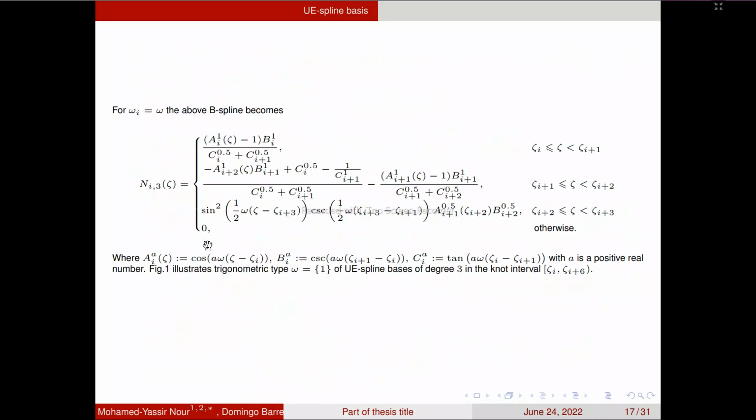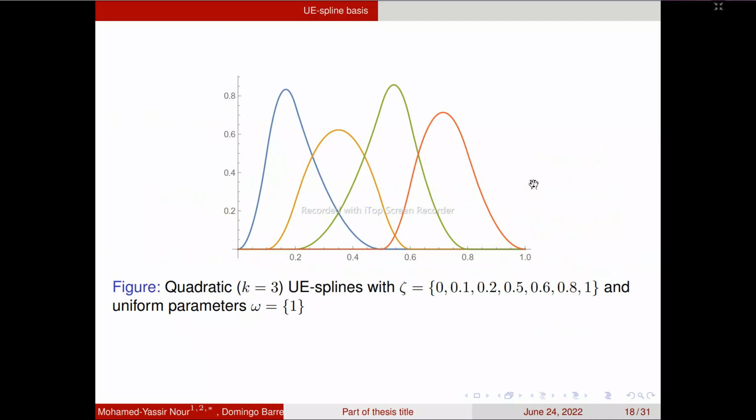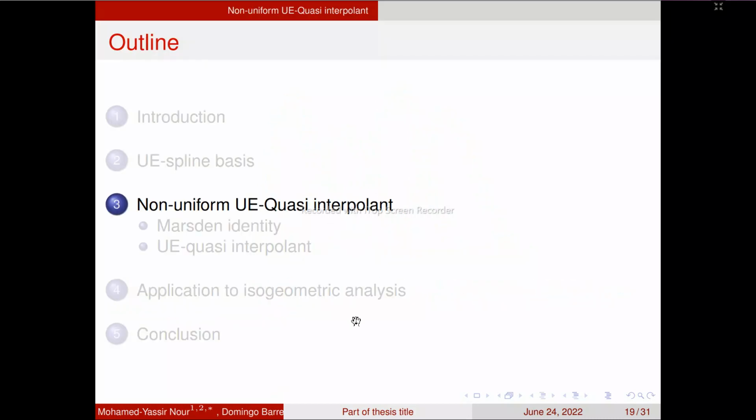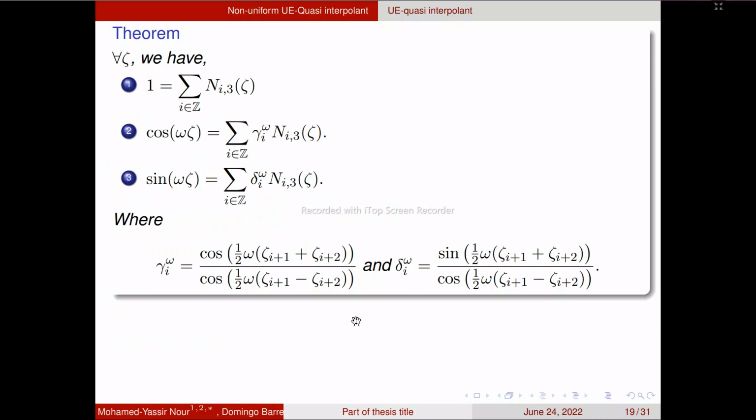As an example, for omega chosen uniformly, we find that the UE-spline of degree 3 is written like that, with A, B, C as follows. As an illustration of these bases, you can see the knots chosen like that, and omega is only 1.